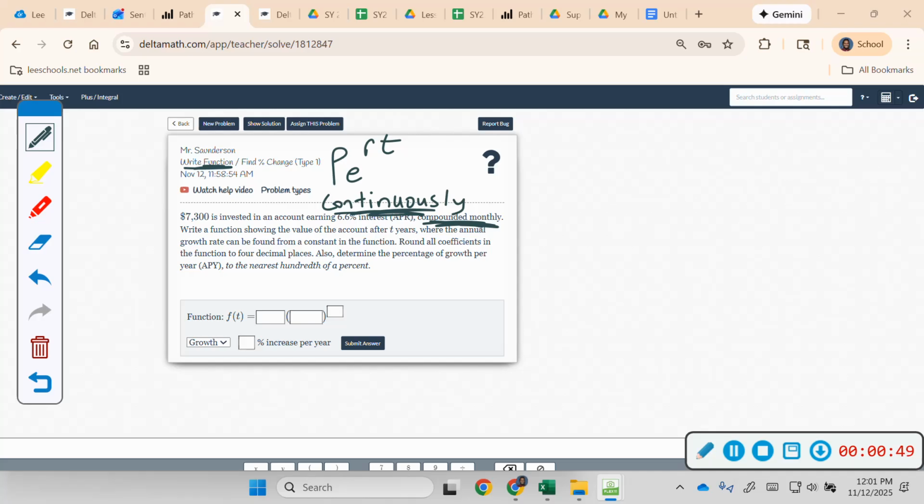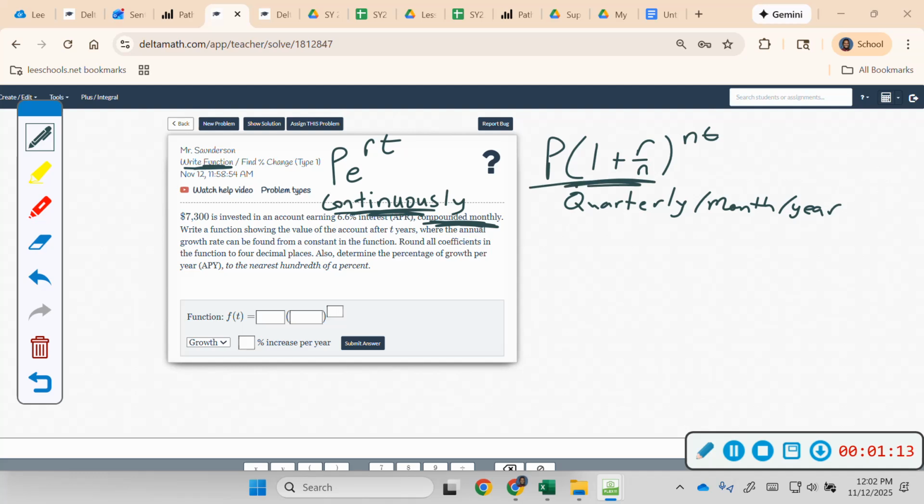Whenever you're compounded not continuously, you use P parentheses 1 plus r over n to the exponent nt. This is for quarterly, monthly, yearly, and so forth. In this case, we're going to use this formula right here.